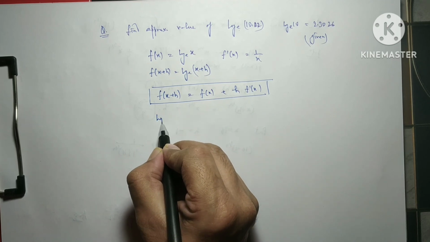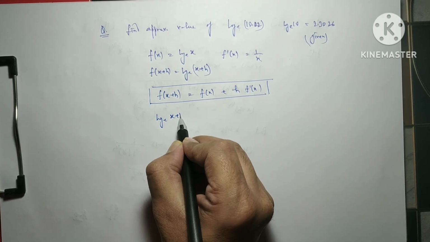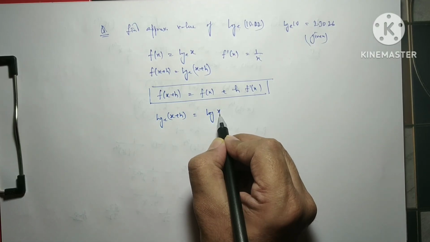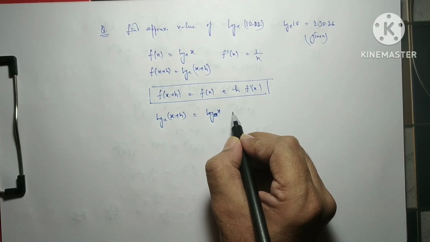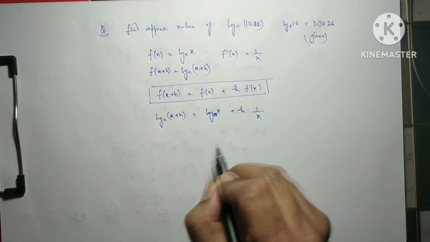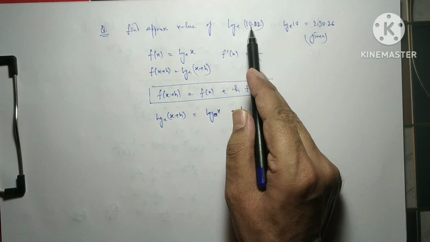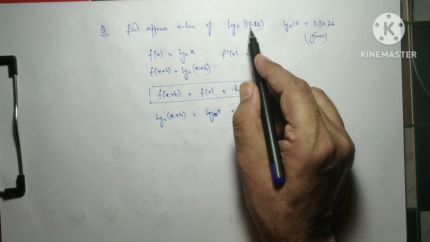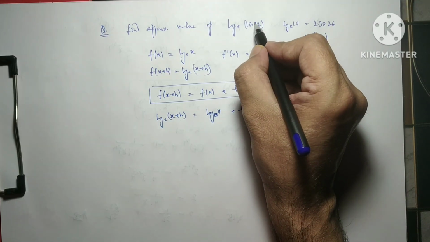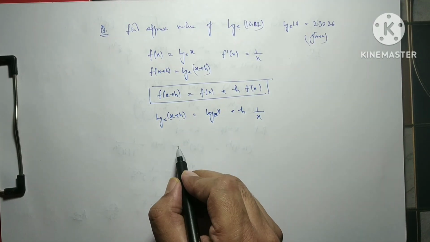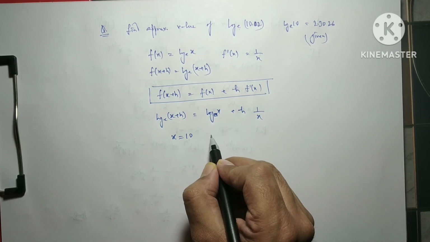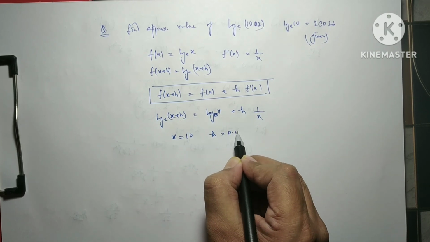So this is log of x+h, this is log x, and it is 1/x. So compare this with this, so the complete number is x, and the decimal number is h. So x as 10 and h as 0.02.